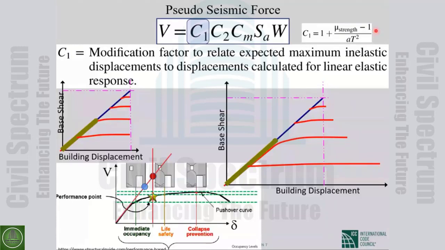So C1 shows the consequence of a dynamic property of the system, and C1 depends on the period of the building. Researchers usually ask where the threshold is for the period at which a building behaves as equal displacement or as equal energy.